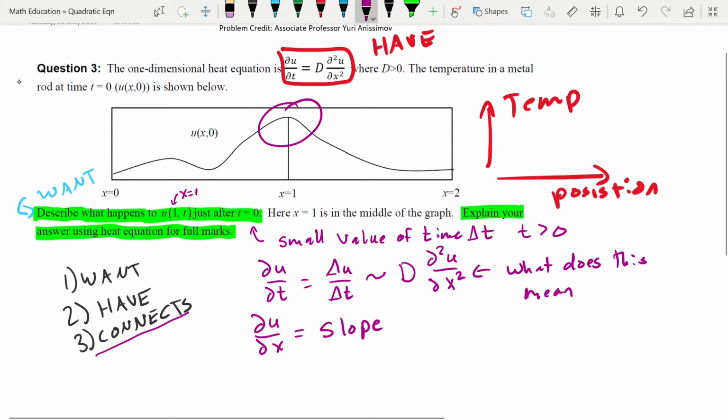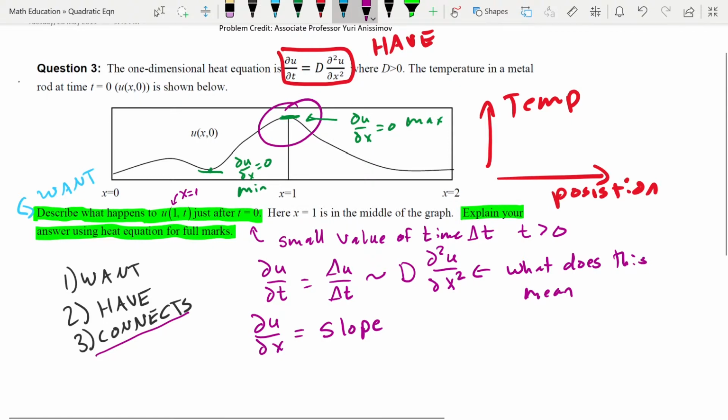In particular, the slope here would be 0 because it's a maximum. Likewise, the slope here would be 0 because it's a minimum. So partial of u, partial of x is equal to 0 because it's a max. And for contrast, partial of u, partial of x is equal to 0 because it's a minimum. That's good old calculus 1.